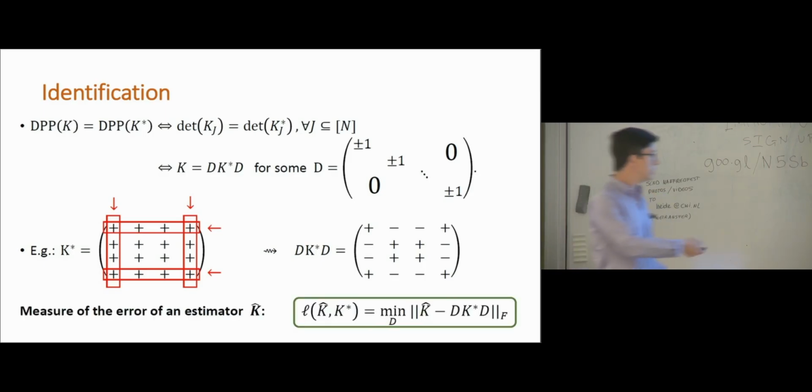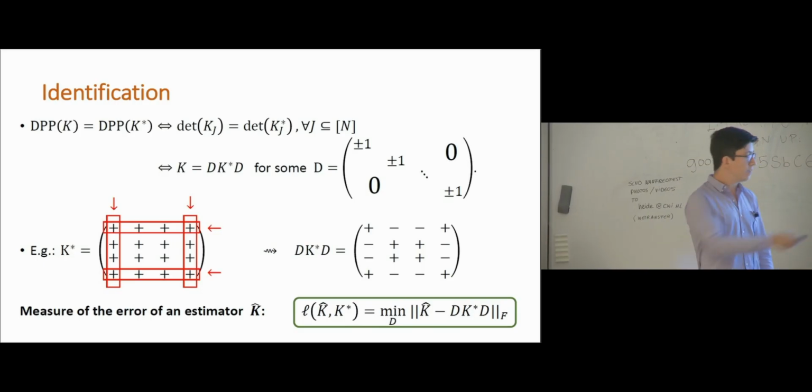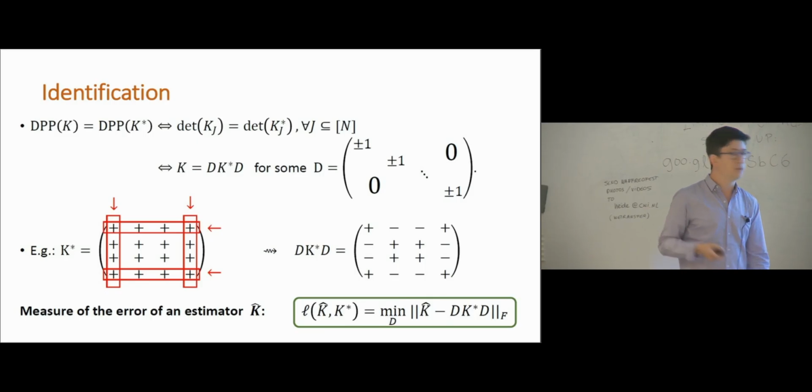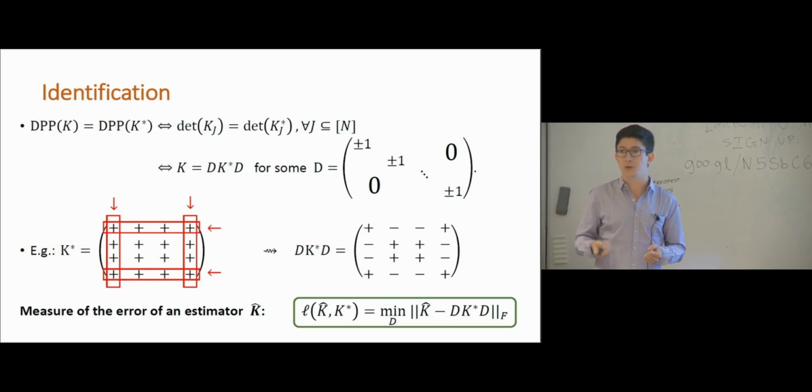It also means that when you have an estimator K hat, a natural way of measuring its error is to take the Frobenius norm of the difference between K hat and the element in the equivalence class of K star that is the closest to K hat.